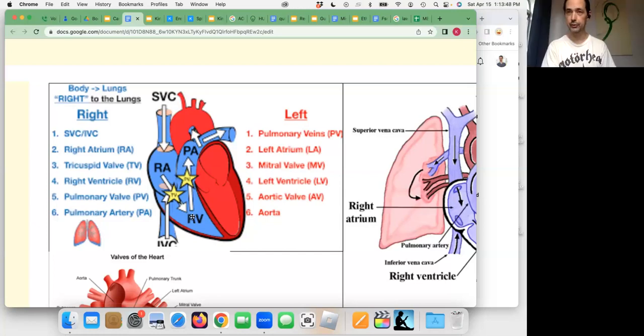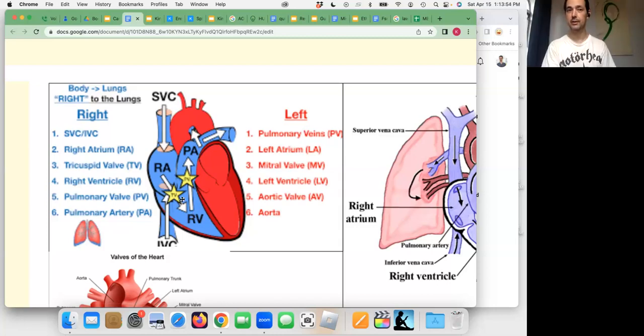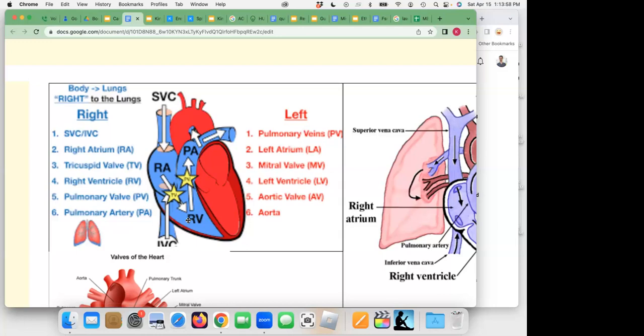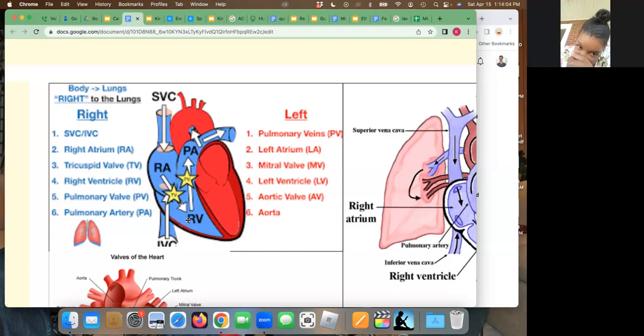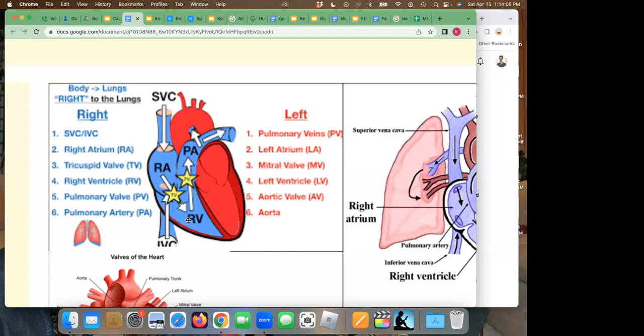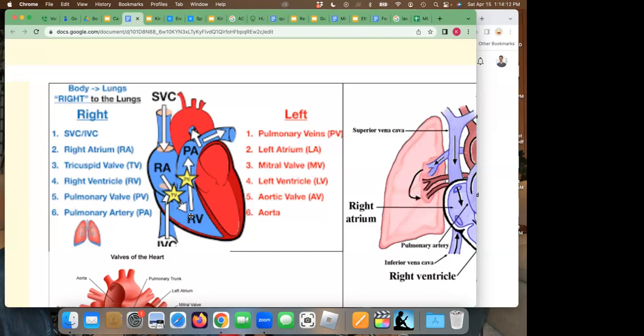Right atrium, tricuspid valve, try to be right, into the right ventricle. Right atrium through the tricuspid valve, try to be right, into the right ventricle.